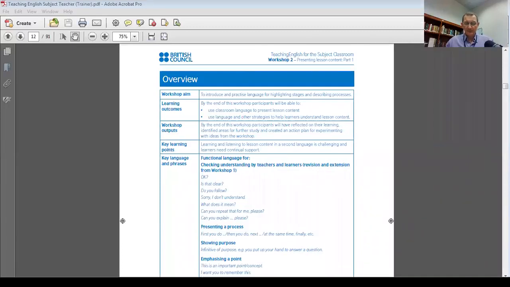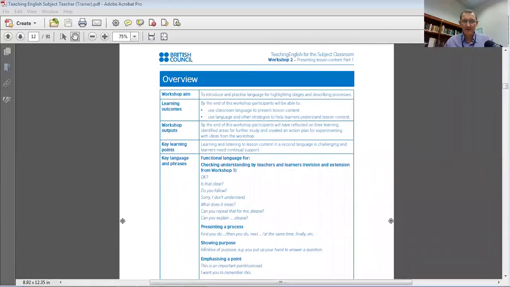And here it is. So the aim of this workshop is to introduce and practice language for highlighting stages and describing processes. By the end of the workshop, participants will be able to use classroom language to present lesson content and use language and other strategies to help learners understand lesson content.